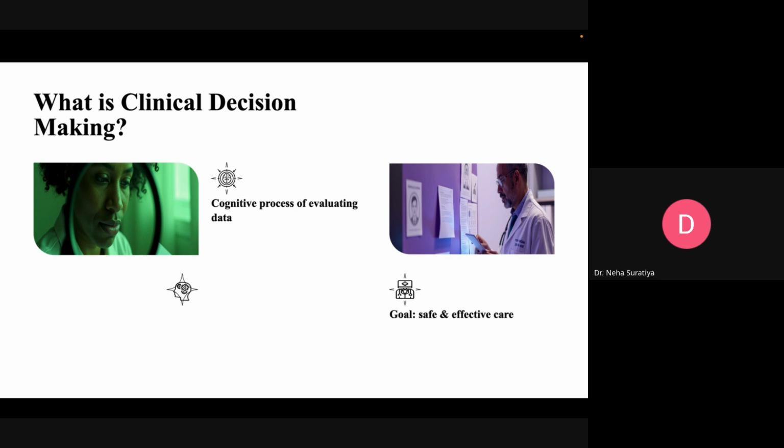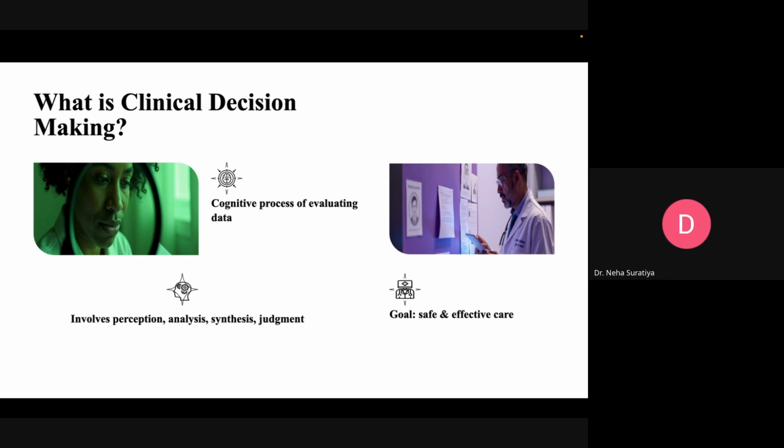The goal is very simple: safe and effective care to the patient. Also, it involves your perception, your own analysis, your synthesis, and your judgment. So this is very, very important to know.